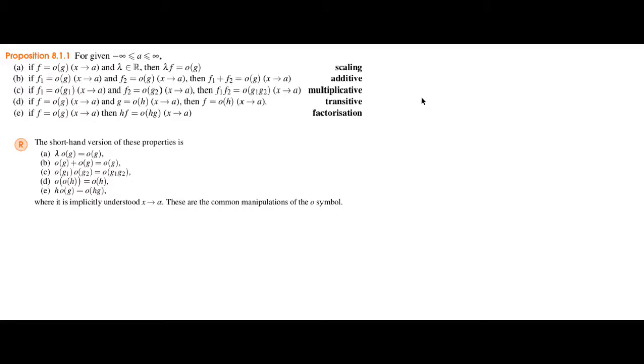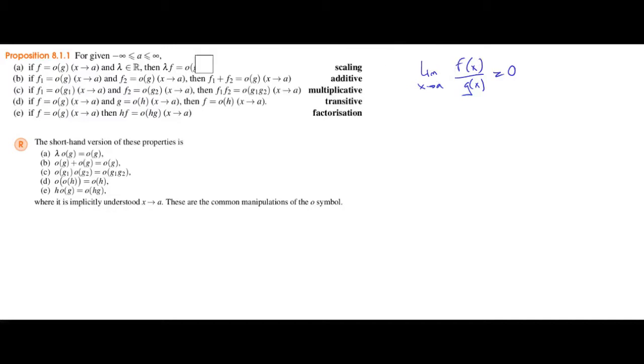And the proof of this is easy, because if f is small o of g, then the limit when x goes to a of f divided by g is going to be 0, right? But then if we multiply this by lambda, then this is still 0, right? Because the fact that we have multiplied this limit by a number doesn't change anything, right? Okay, so that's the first property.